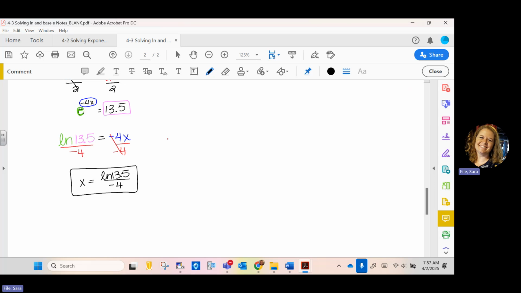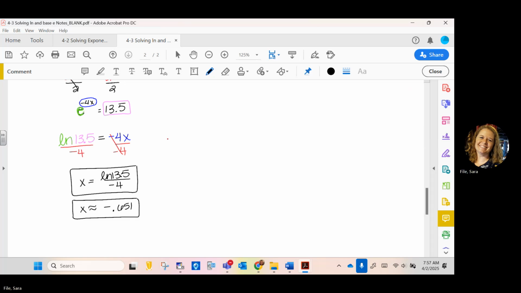Or if they tell you to round to the nearest whatever, you could plug that into Desmos. It would be negative 0.651. Any questions?